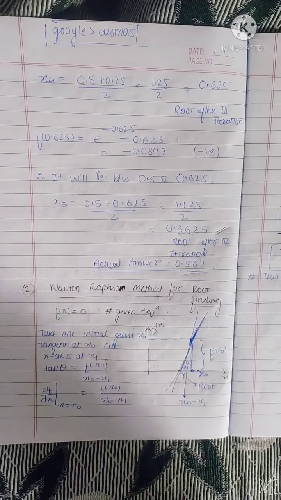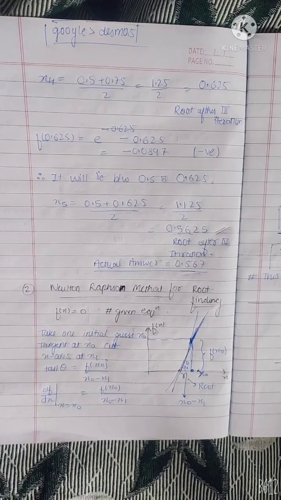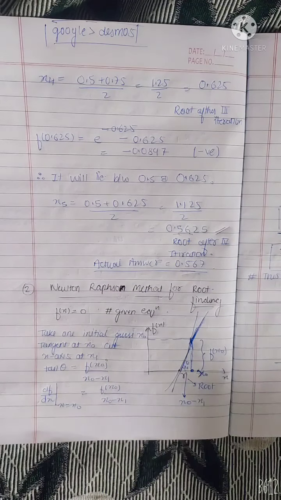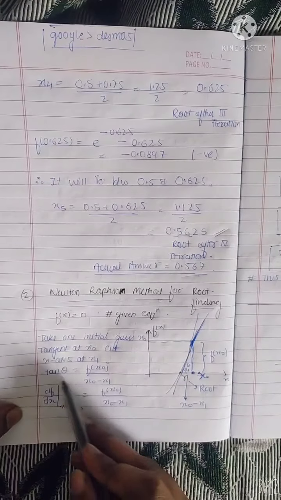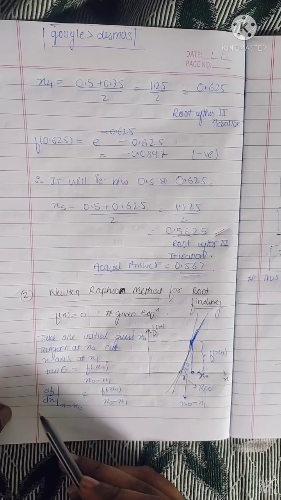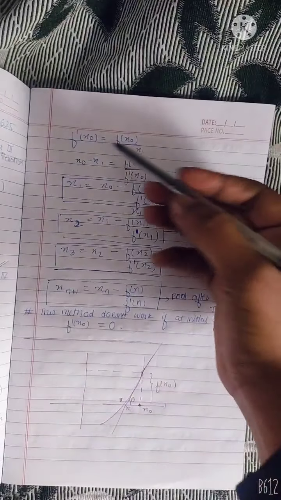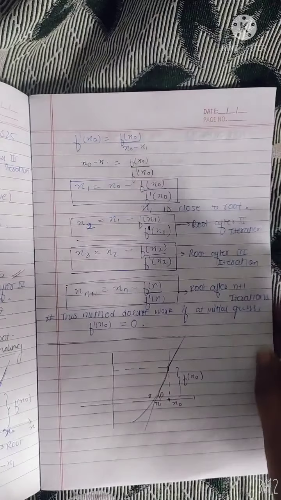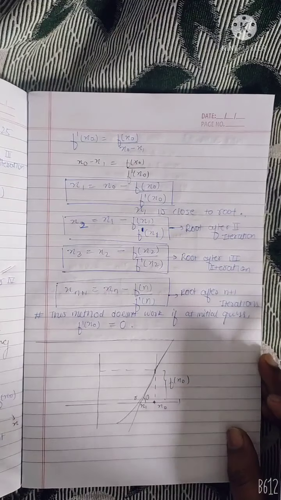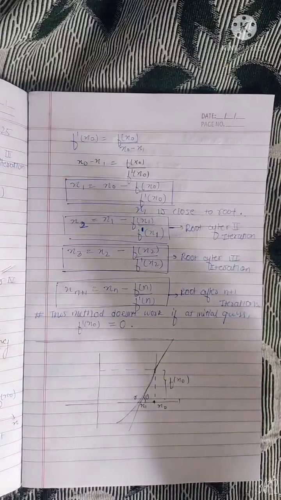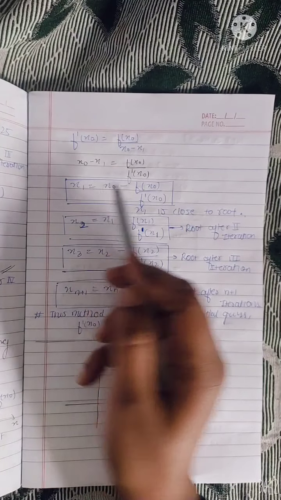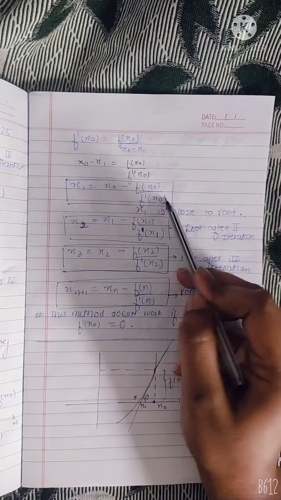Basically that is the slope, the change in the function with respect to change in x. So this can be written as f dash x0. So we write f dash x0 is equal to f(x0) upon x0 minus x1, and after final calculation we get x1 is equal to x0 minus f(x0) upon f dash x0.